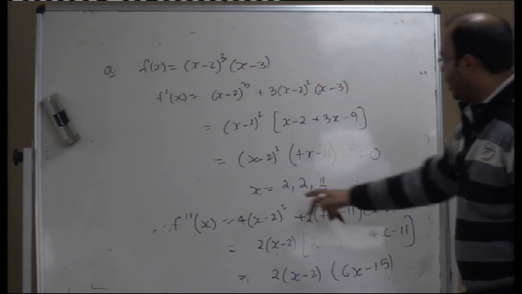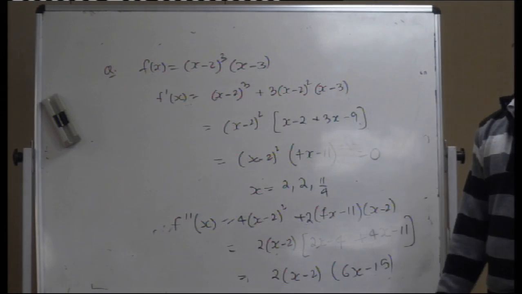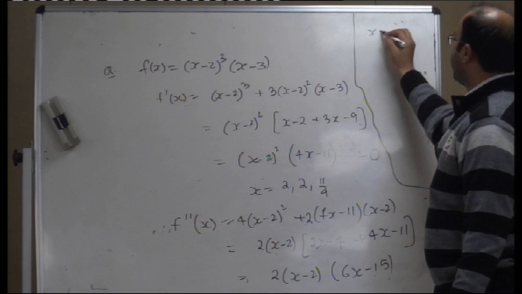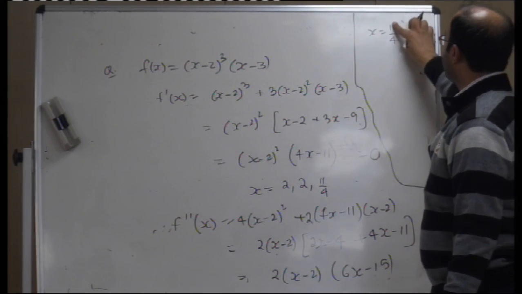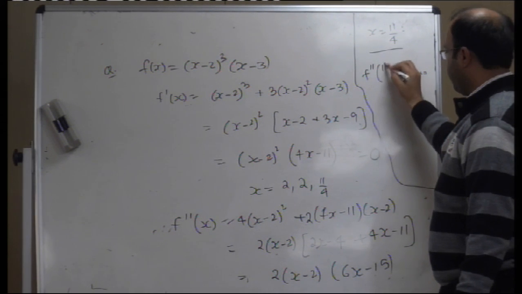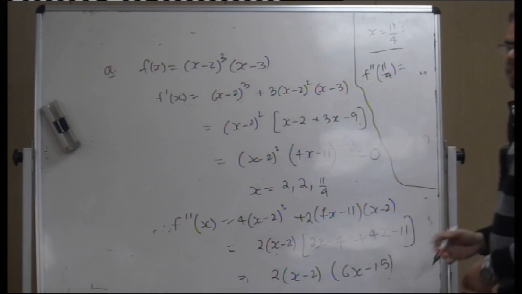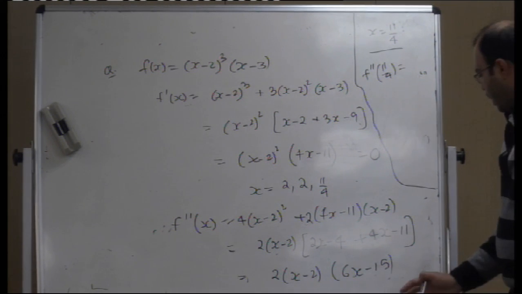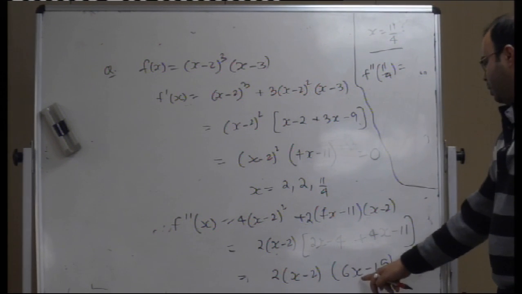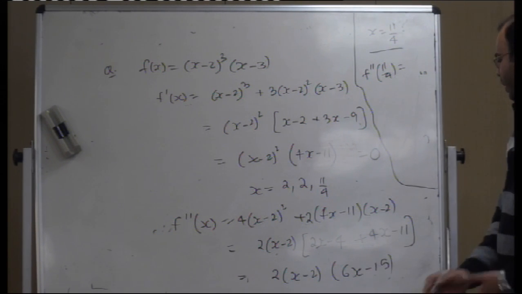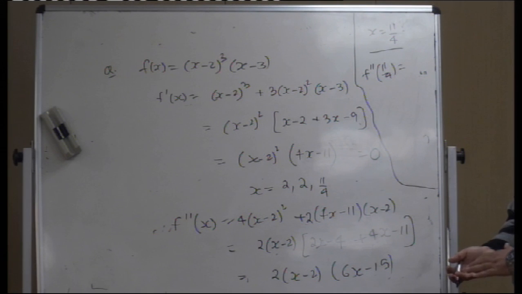When we see 11 by 4, let's take 11 by 4. So when we take x equal to 11 by 4 here, what would happen? F double dash of 11 by 4 would become, you just have to see the sign. So 11 by 4 minus 2 is a positive value, and when you put 11 by 4 here, then what would happen? 11 into 3, 33 by 2, this would become again greater than 15.